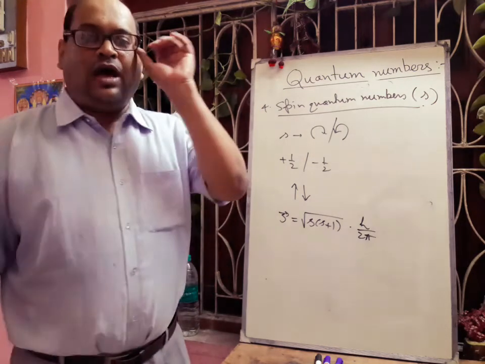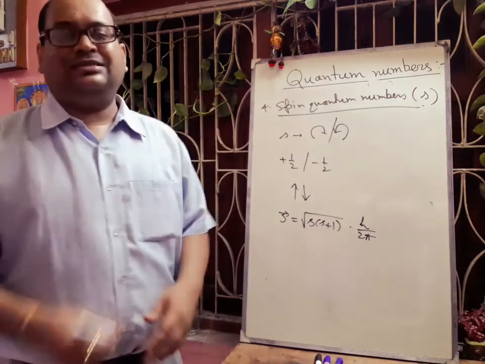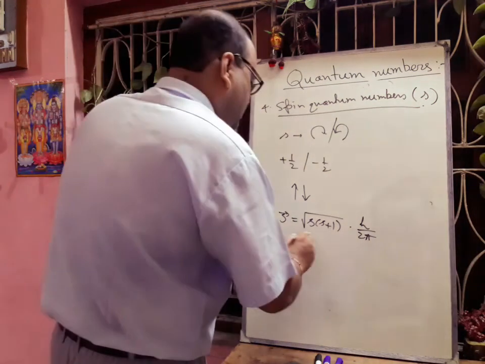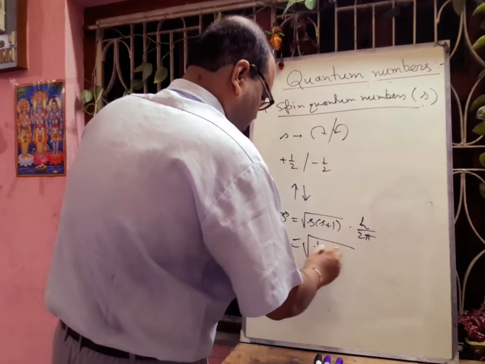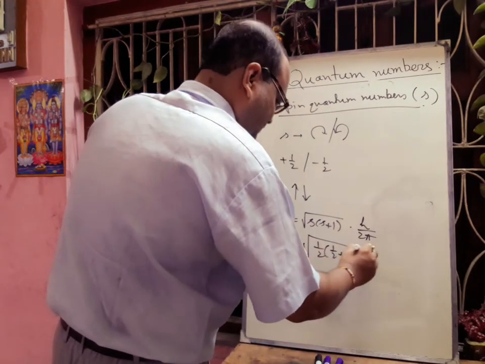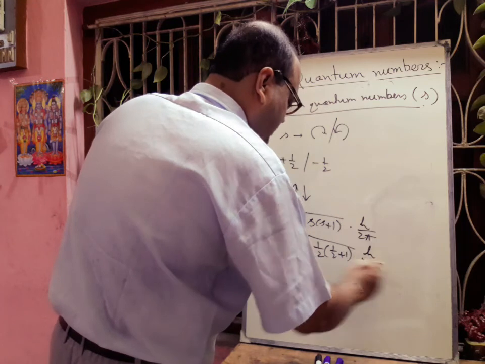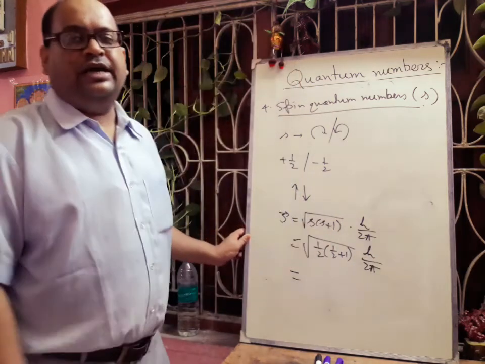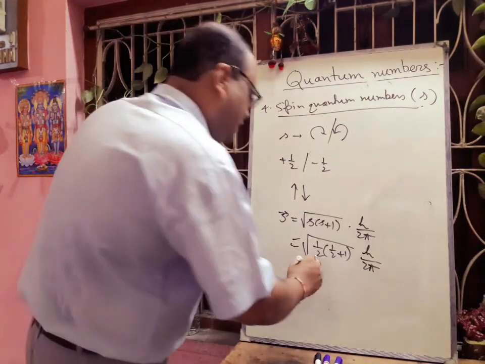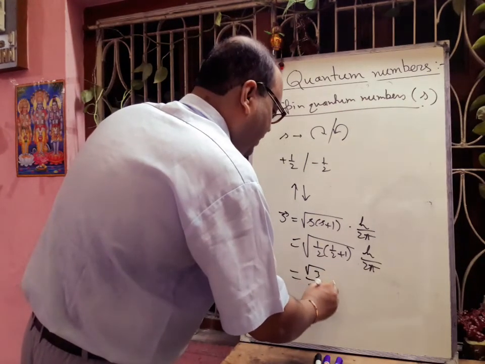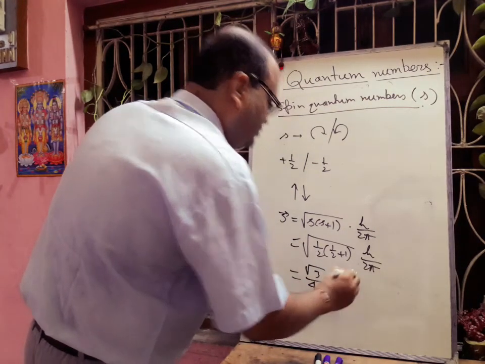Now, what will be the value of s? If we put the value, it will be root over half into half plus 1 into h by twice pi. If we calculate, we get root over 3 by 4 pi into h.